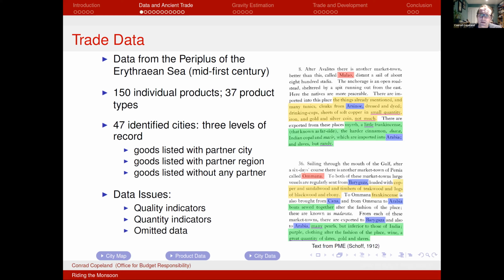Within the document, there are 150 individual products named, within 37 product groups, and almost 50 identified cities. It's actually incredibly comprehensive in how it labels partner cities and links between cities. But there are two gaps, in the sense that it can sometimes say a general region, but it can also sometimes not indicate a partner at all. And so these are challenges to overcome in the data.